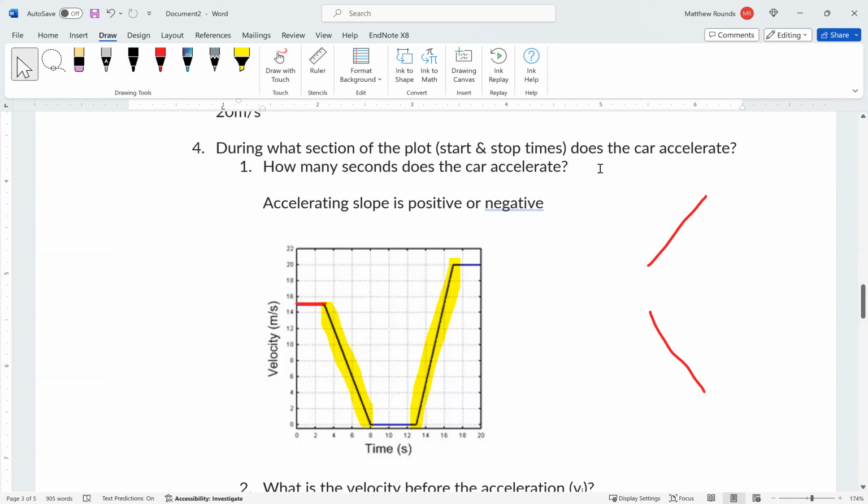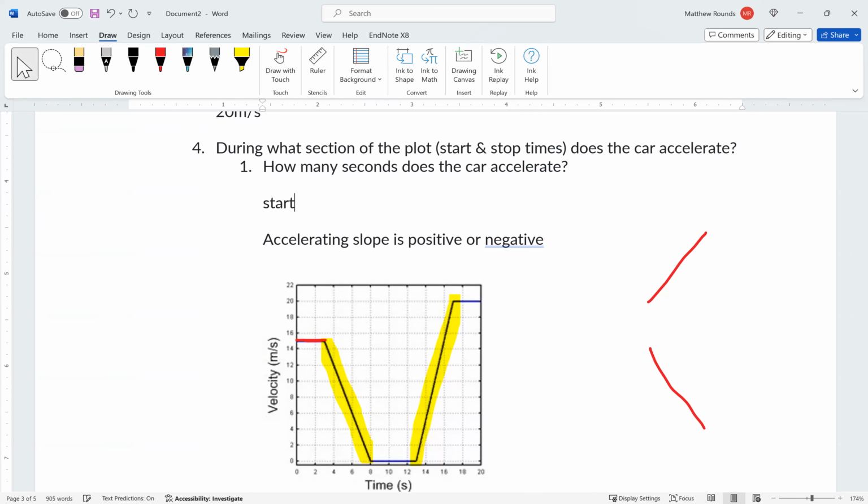So give me the start and the stop time of the first acceleration. What's the seconds that it starts at? I'm asking about the yellow here.